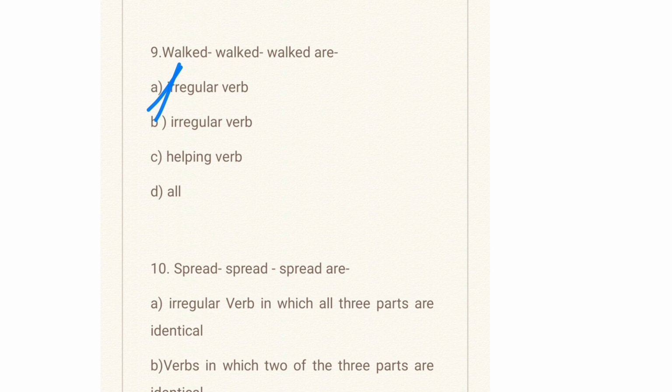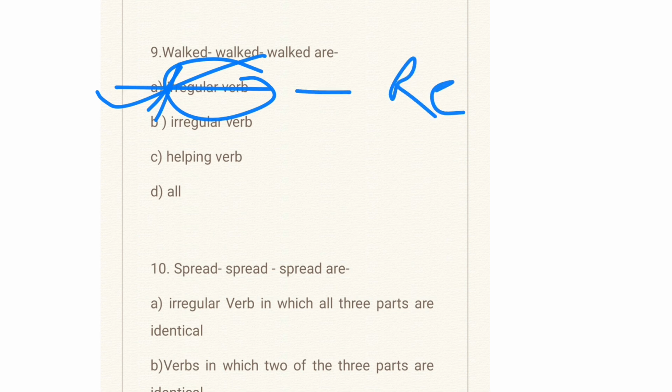One is regular and another is irregular, so the answer is regular verb. Please rectify that. The answer is regular verb, because regular verbs have no changes; we add only the ed form, maybe t or d.